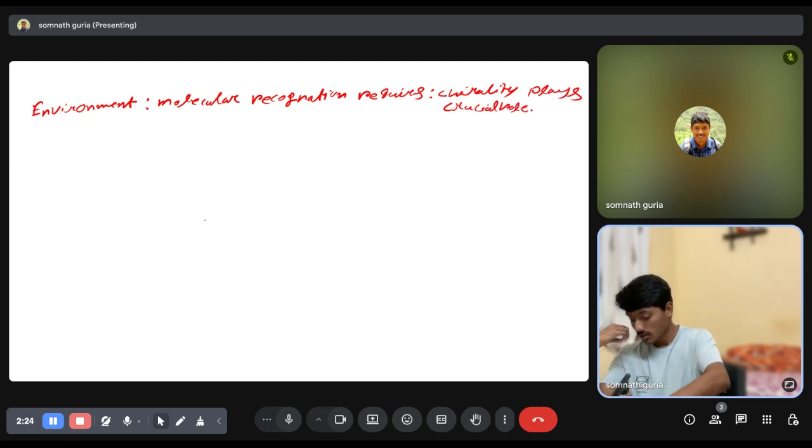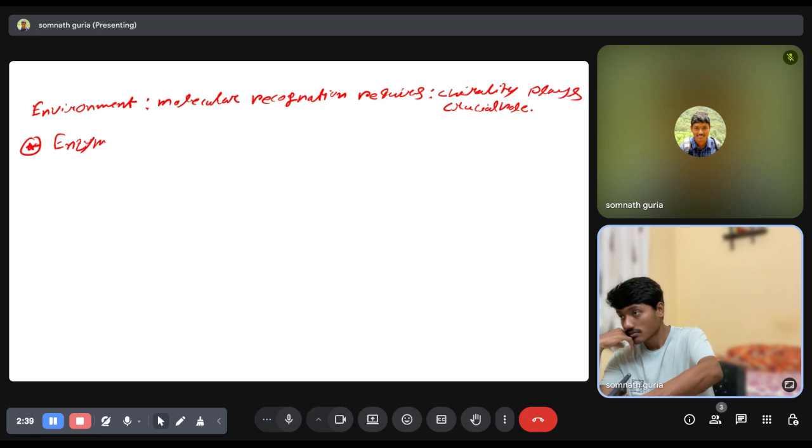So one example is the enzymatic reaction. As you all know, there is the lock and key theory.